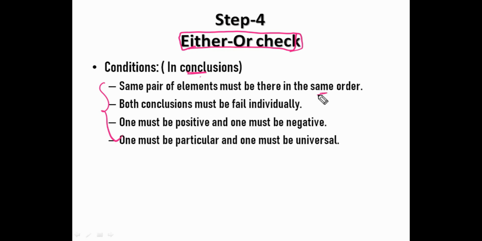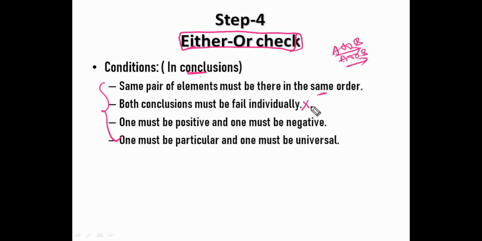If one conclusion consists of A to B, the second also consists of A to B only. A to B means A to B, and B to A means another conclusion also B to A only. Both the conclusions must fail individually.